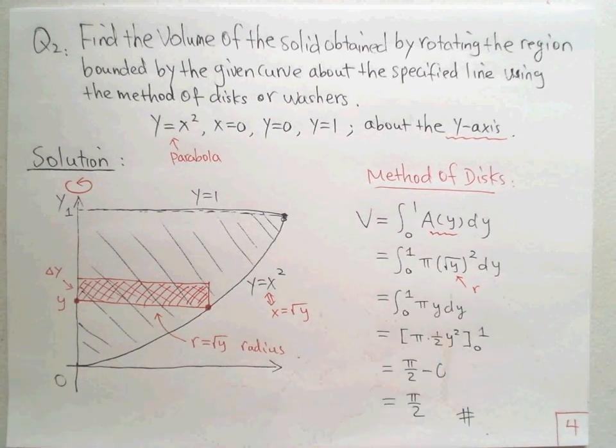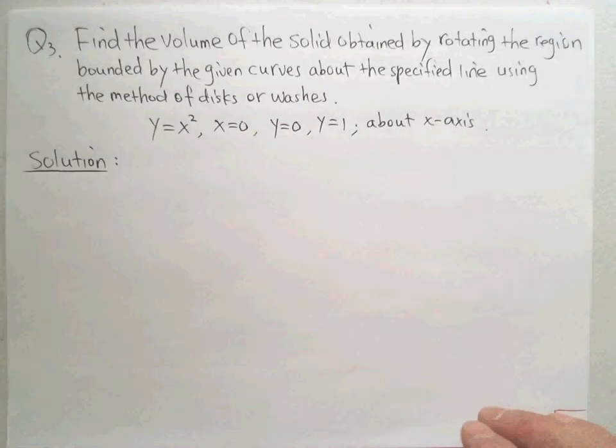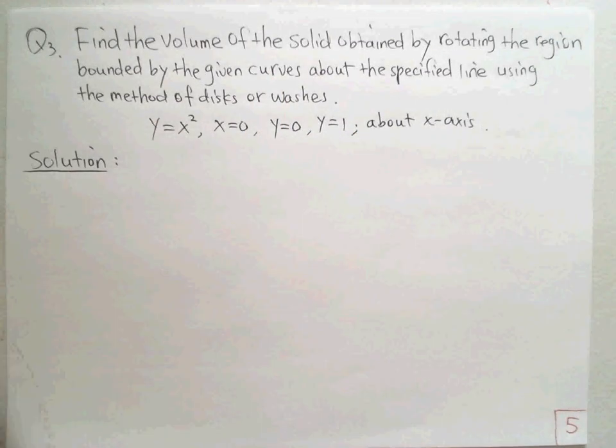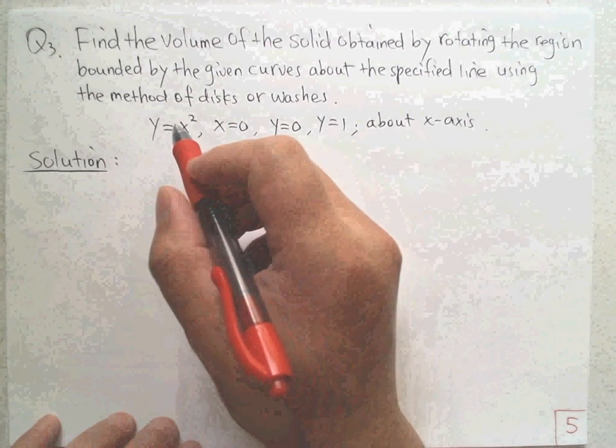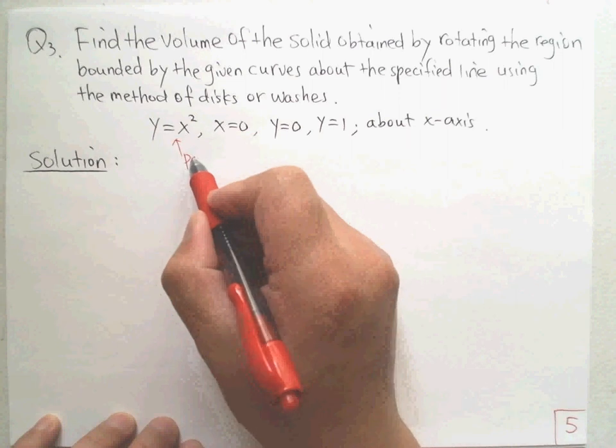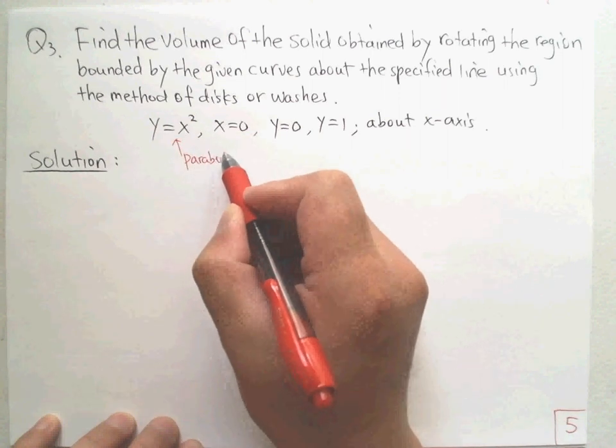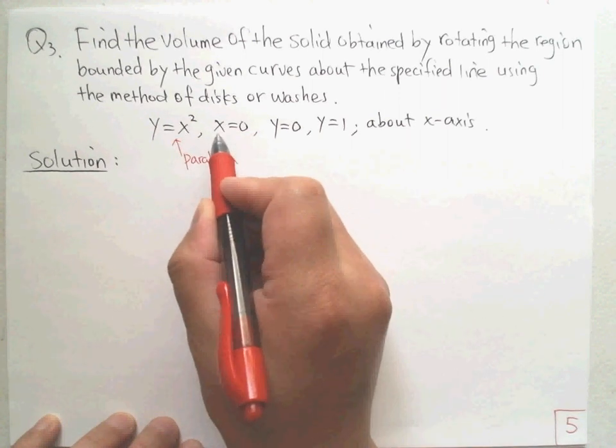So you can see this method is very powerful, right? It's not this method, the integration, the integral is powerful. The last question, let me look at this. Still similar. We can see this is the parabola.